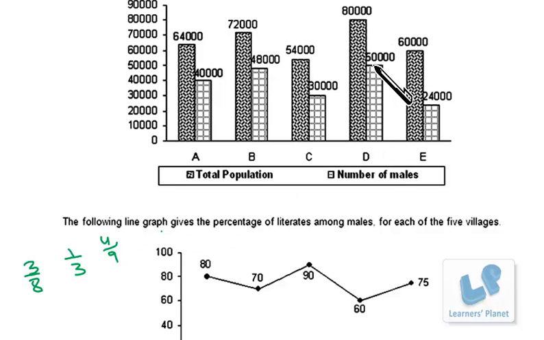Then 30 by 80, that is 3 by 8. Then this one needs no calculation, because here males are very small in number, so female percentage will definitely be more. So we have just one option, that is 1/3, that is village B.